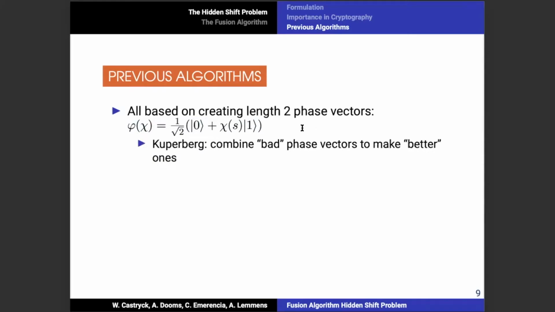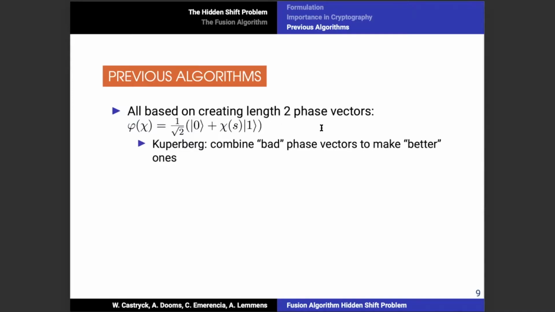It all started with Kuperberg, who had the idea focusing mostly on cyclic groups of order a power of 2, which means that the characters of the group are actually taking powers of a 2 to the nth root of unity in the complex numbers.